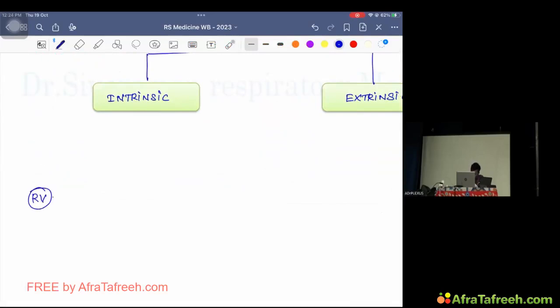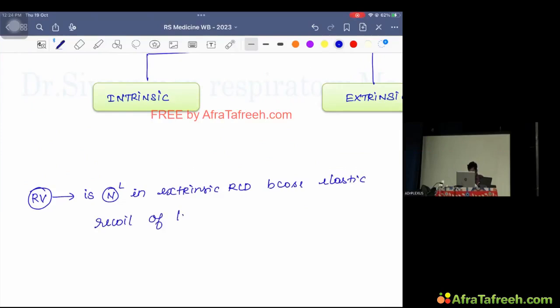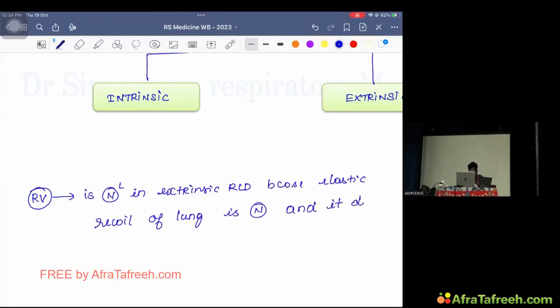Residual volume is normal in extrinsic restrictive lung disease because the elastic recoil of the lung is normal, and only the elastic recoil of the lung defines your residual volume, right? Whenever the elastic recoil is normal, then residual volume is going to be normal.